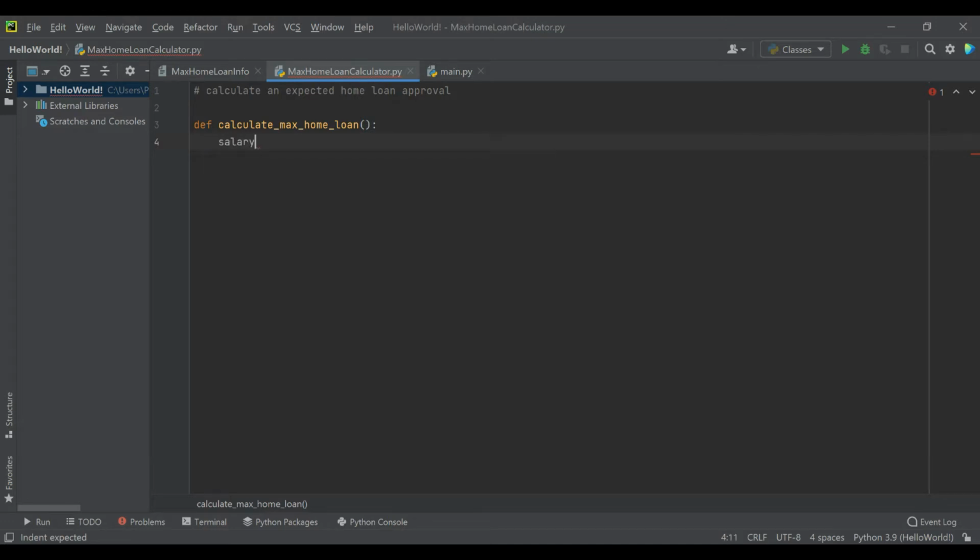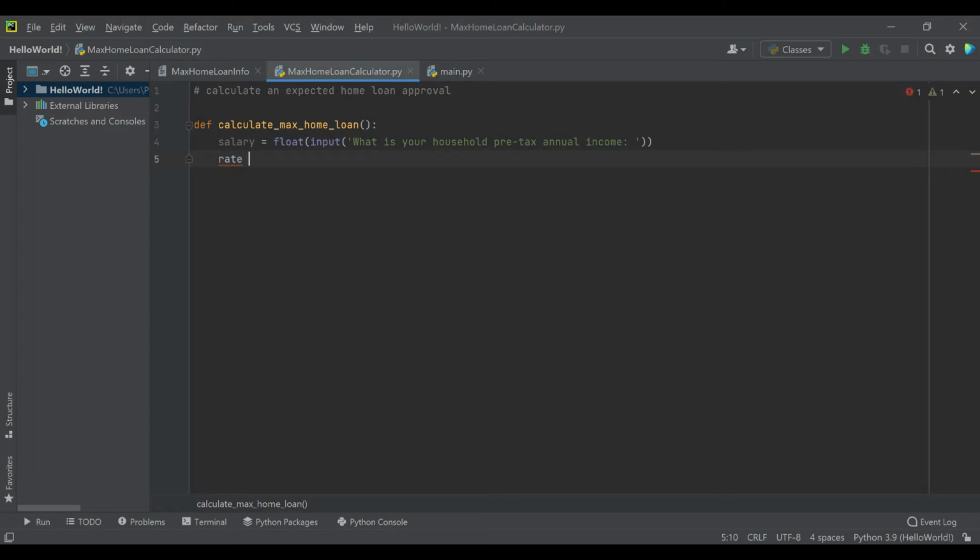So we'll start by saying salary, and let's get the user input on what their annual household income is. Let's say it's going to be a float, and then we ask them, what is your household pre-tax annual income? And there we go. That's going to be an input that asks users to enter their salary info.